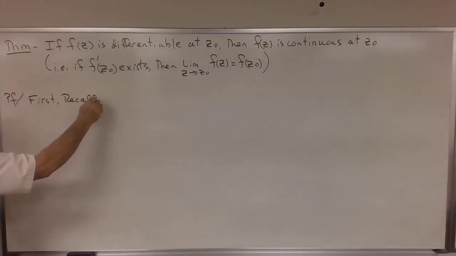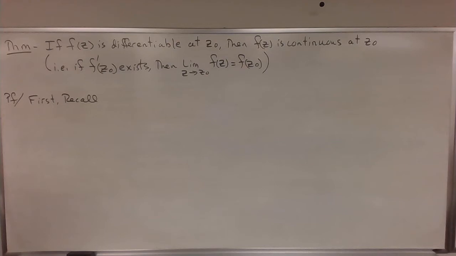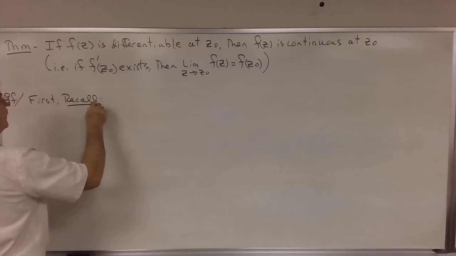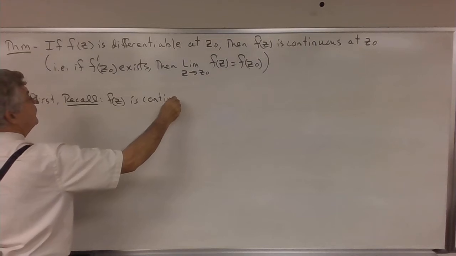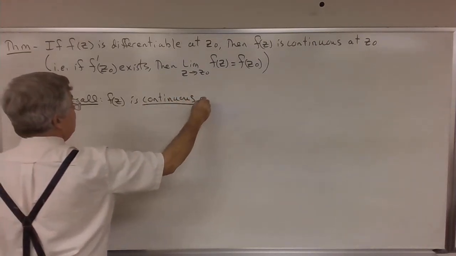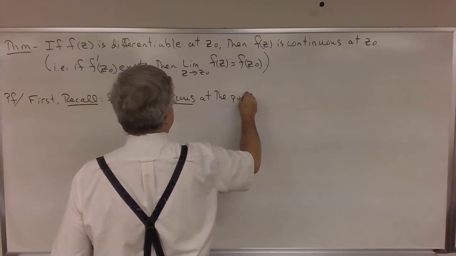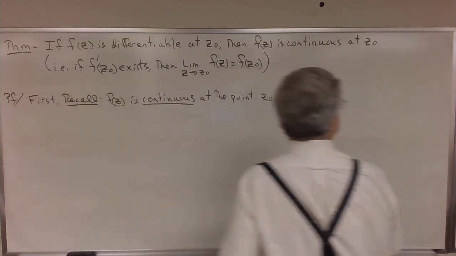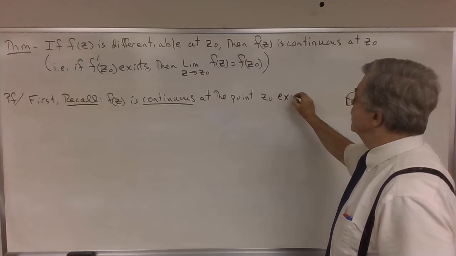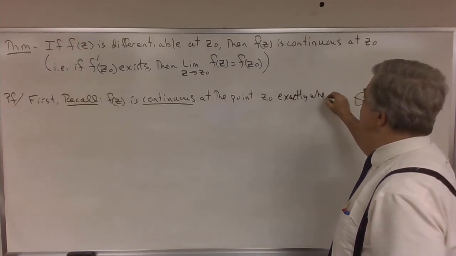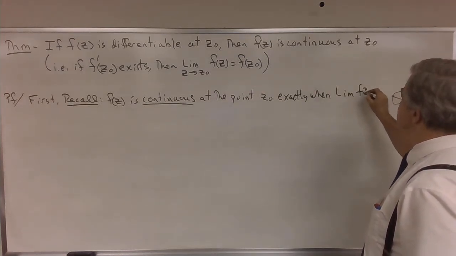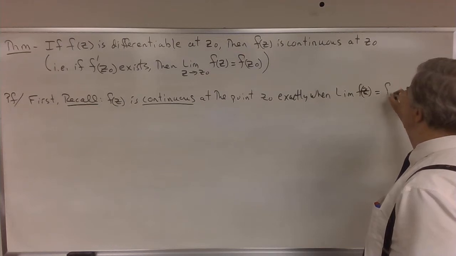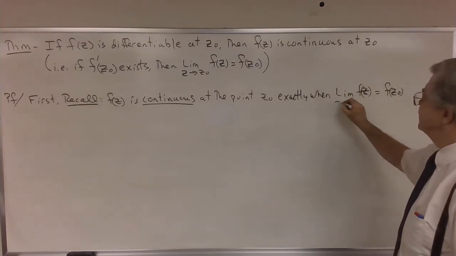So I guess the first thing that we want to do is recall the definition of continuous at a point. F of z is continuous at the point z naught exactly when the limit of f of z equals f evaluated at z naught.